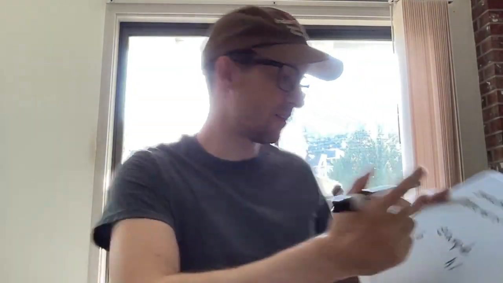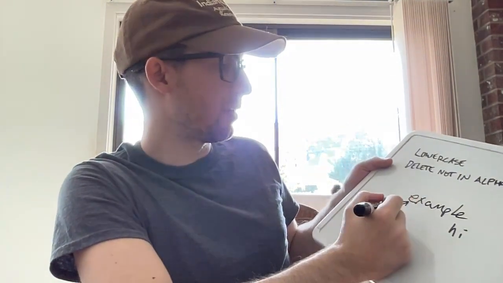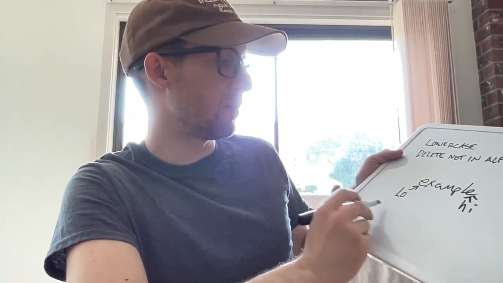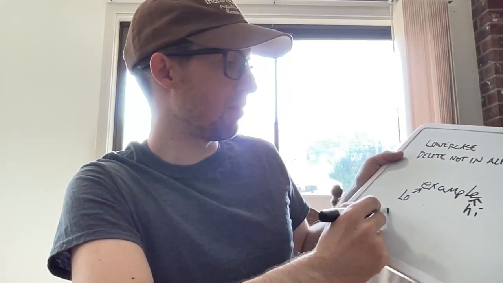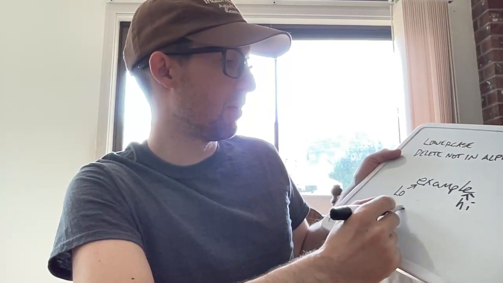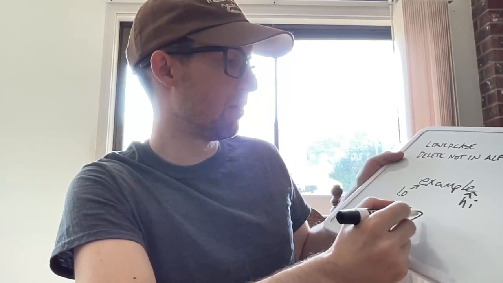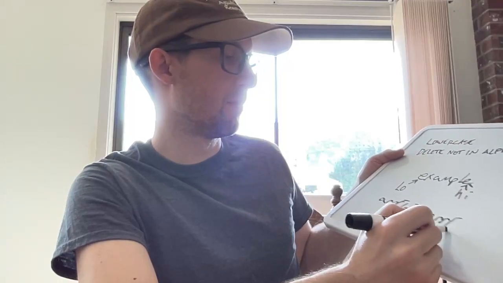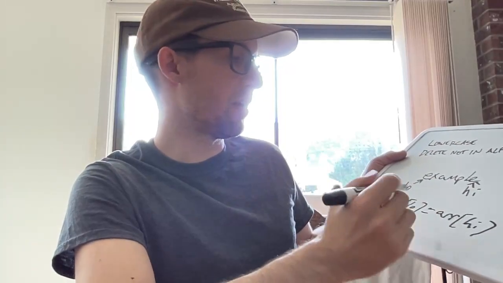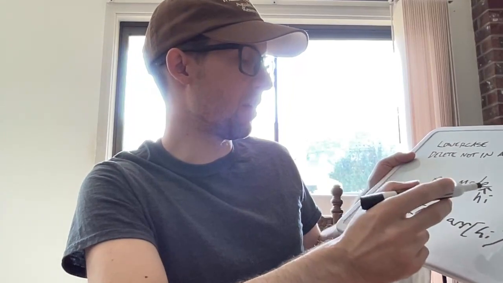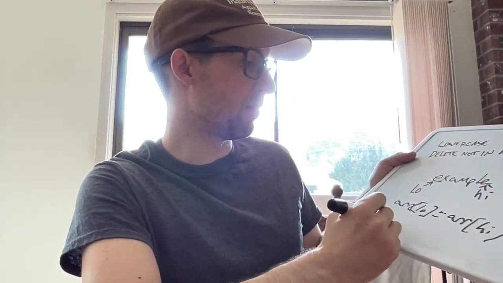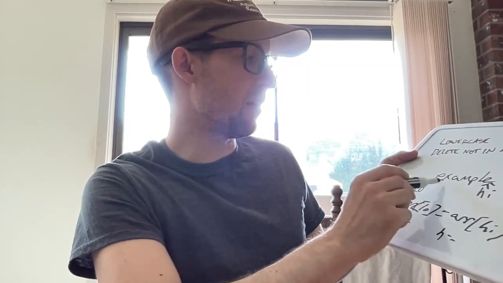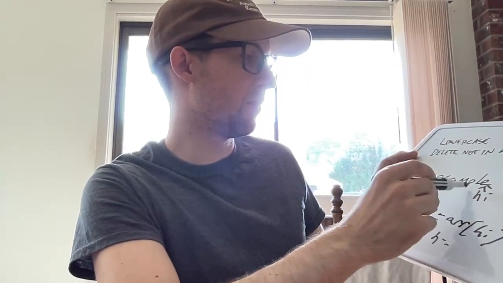So I'll say array of low equals array of high, then increment and decrement low and high respectively. So I do low plus plus, high minus minus, and then just loop through.